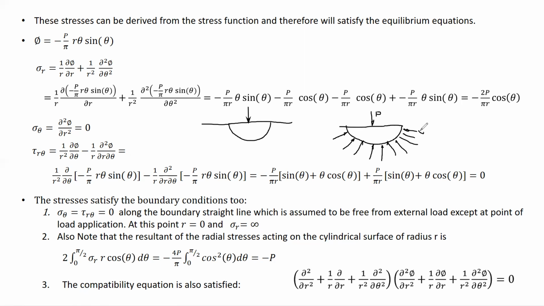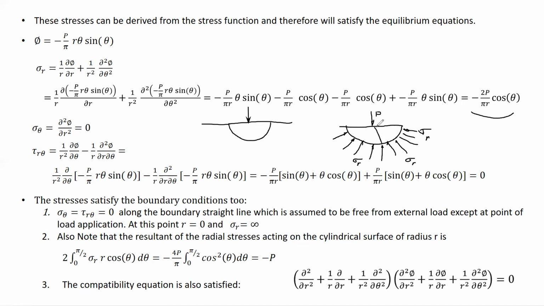This is sigma r, and sigma r is defined by that expression. At constant radius r, sigma r would be a function of theta.